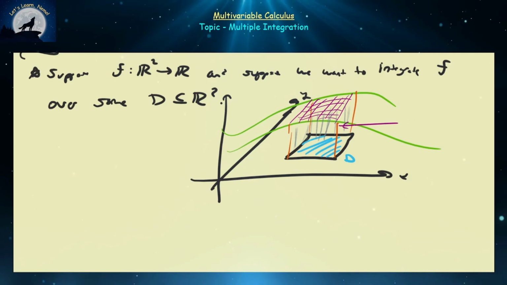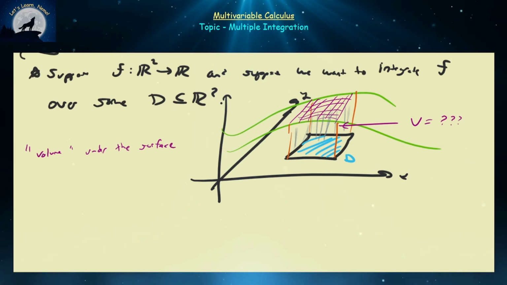So the volume is equal to the double integral of this function over that particular domain D. This is the volume under the surface, which is analogous to area under the curve in a one-dimensional domain. So: volume under the surface, area under the curve.